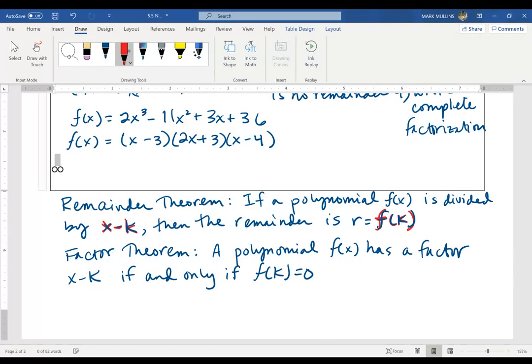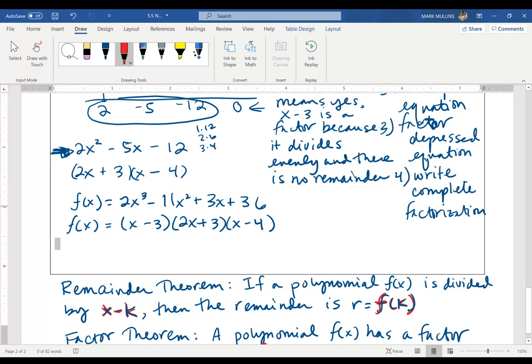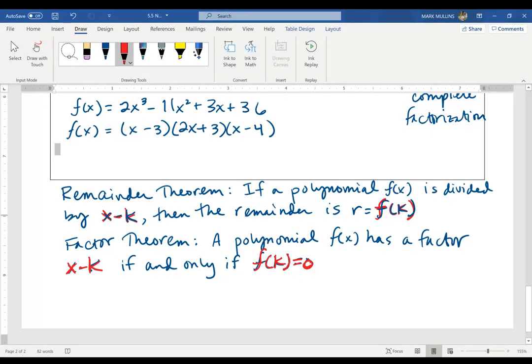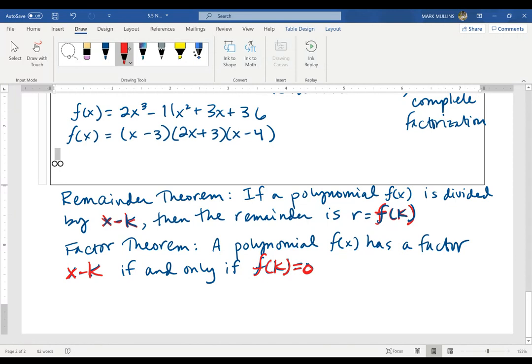So the really important stuff here is if I divide by x minus k, and when I evaluate that using my synthetic, I get a 0 at the end. Remember that 0 we pointed out? That 0 meant that it divided evenly, and x minus 3 was a factor. There was no remainder. So basically we're saying if the remainder is 0, then it must be a factor. The x minus k is a factor after all.